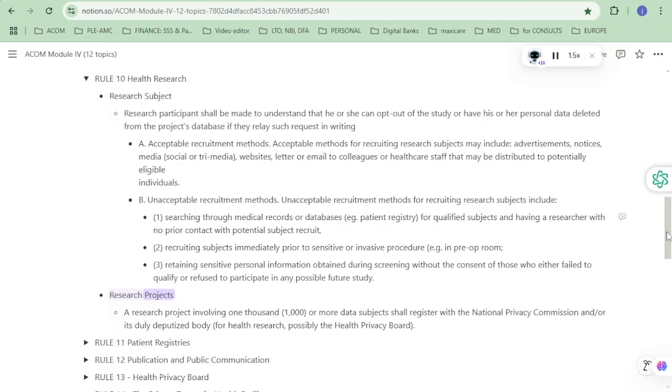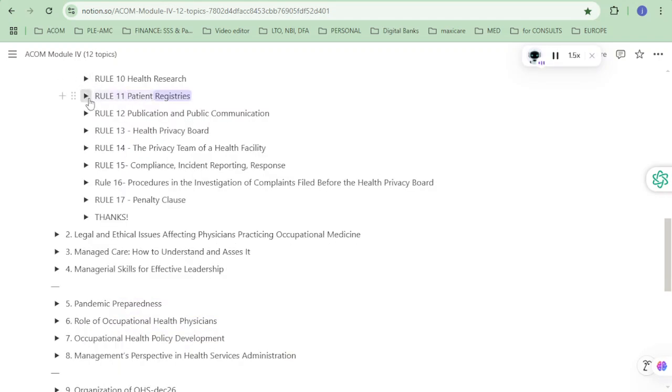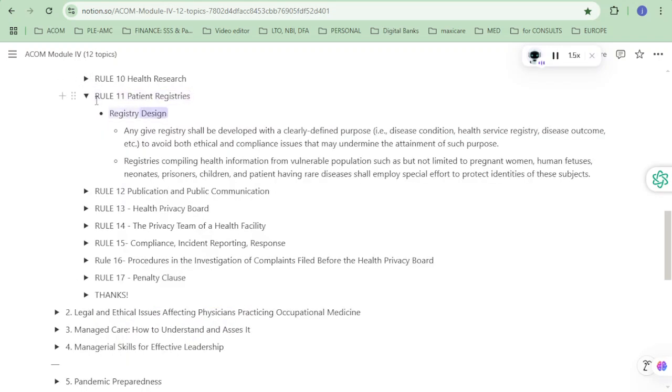Research projects. A research project involving 1,000 or more data subjects shall register with the National Privacy Commission and/or its duly deputized body, for health research, possibly the Health Privacy Board. Rule 11. Patient Registries. Registry design.